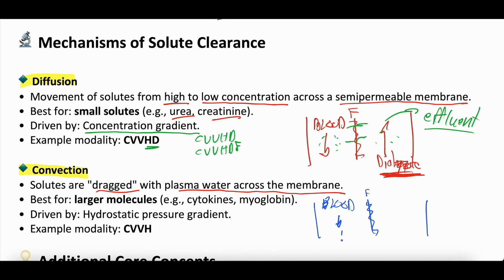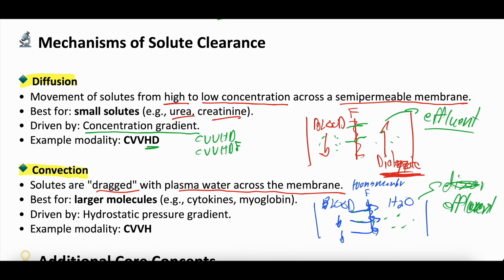This is that the flow and pressure across this membrane, the transmembrane pressure and the flow of the blood, forces some of the blood through these small pores. And this is plasma water that usually comes across, and this drags solute with it. So some of the solute drags with the water, and then that is what is discarded as effluent, right?